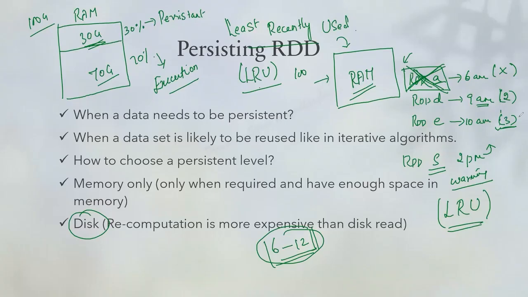So what I can simply do is persist that calculated RDD inside the hard disk, because recomputation is much more expensive compared to the disk read option. Got it? So the choice is yours, the developer's choice. Depending upon the available memory, you can either persist inside the RAM or inside the hard disk. And Spark offers you both approaches.